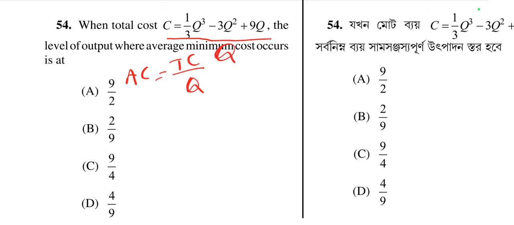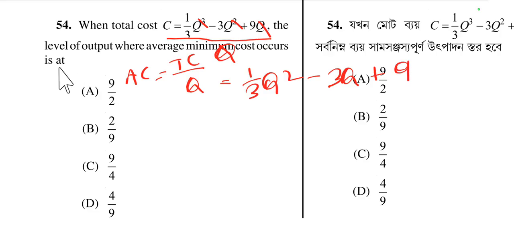In the first term, one Q cancels, so it will be 1 by 3 Q square, and from the second term, one Q cancels, then minus 3 Q, plus 9. So AC is equal to 1 by 3 Q square minus 3 Q plus 9. Then minimize AC by taking the derivative and setting it to 0.